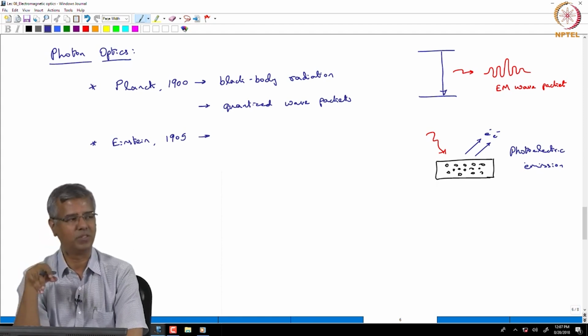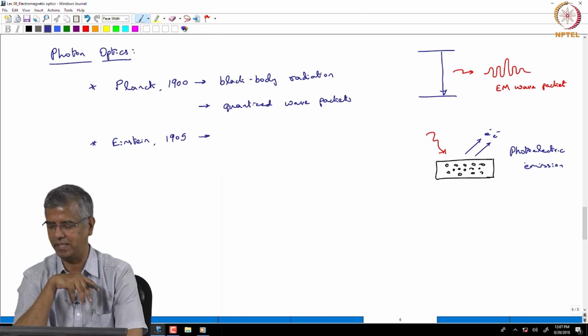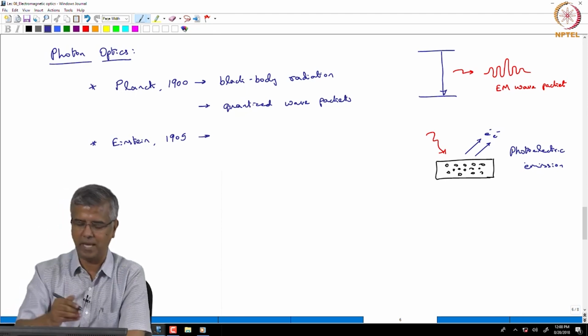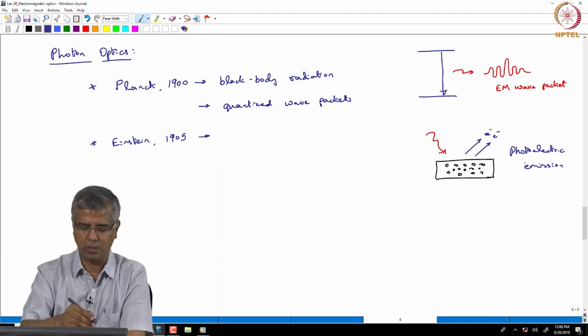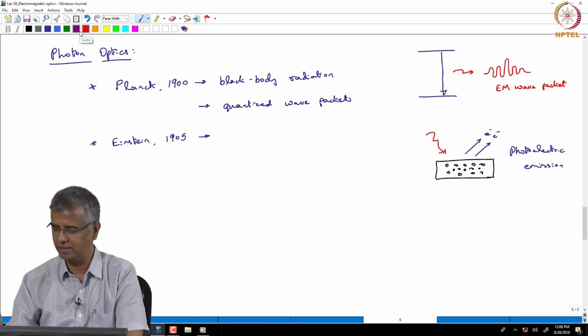But this was one of those things, and what he basically said was that if this was happening, he pieced together what Planck had already said, that it's happening in a quantized manner.